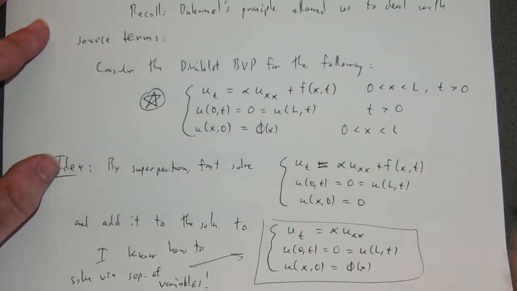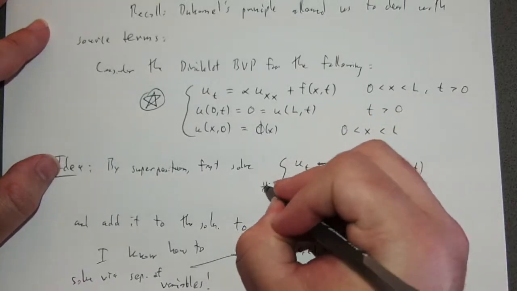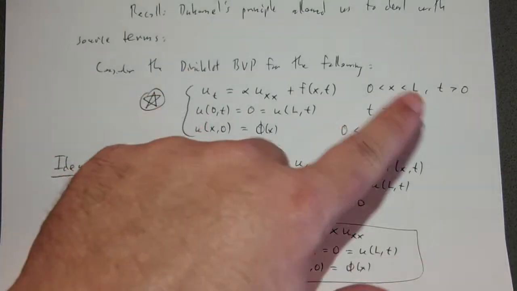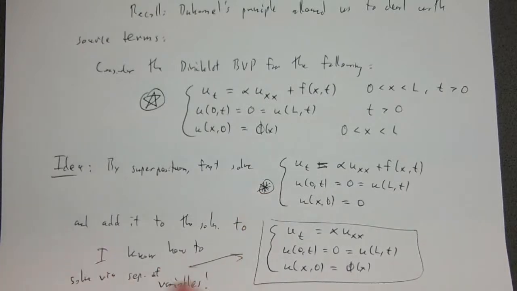Let's call this asterisk. So I've taken my problem of solving star and reduced it to a problem where all I have to do is solve asterisk and then add it to a solution to this problem, which I already know how to do.